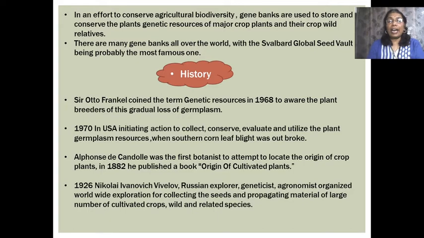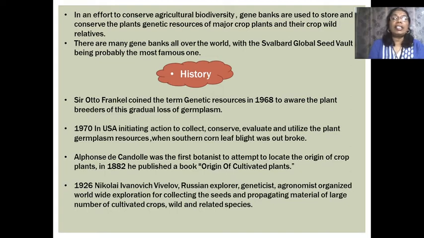Correct? Regarding history, there are a number of scientists who discovered as well as played an important role in this gene bank. Sir Otto Frankel coined the term genetic resource in 1968 to make plant breeders aware of this gradual loss of germplasm.